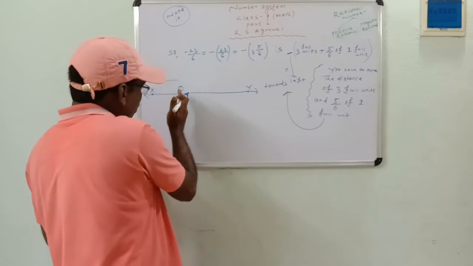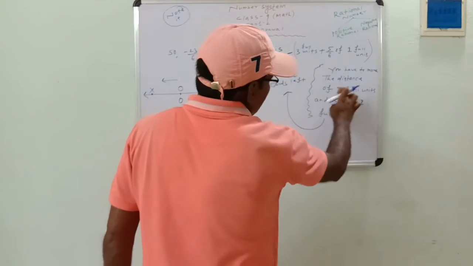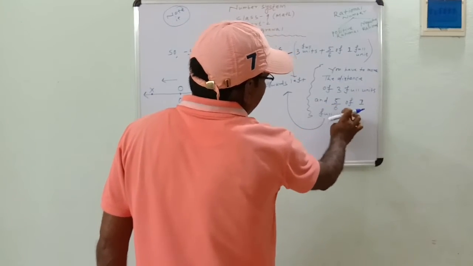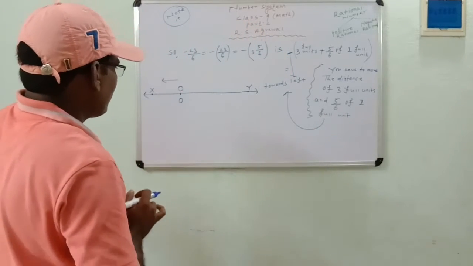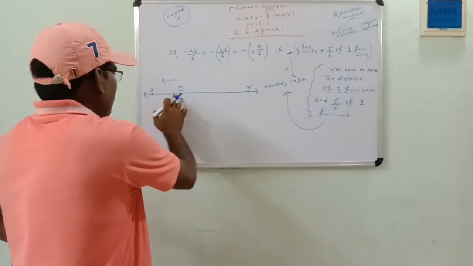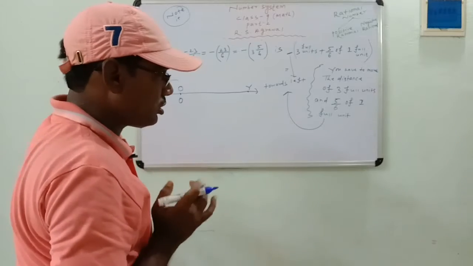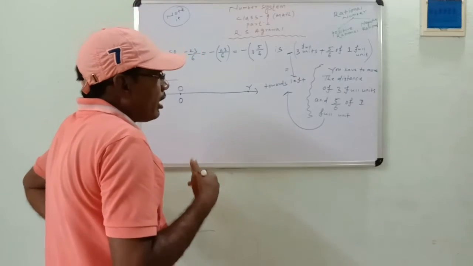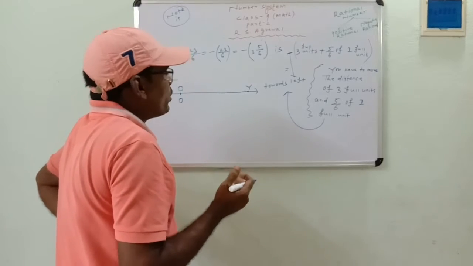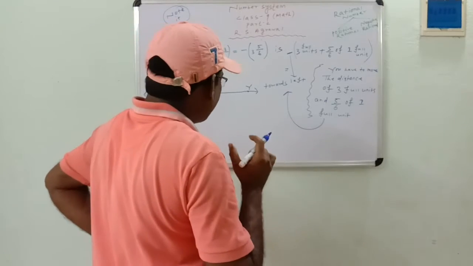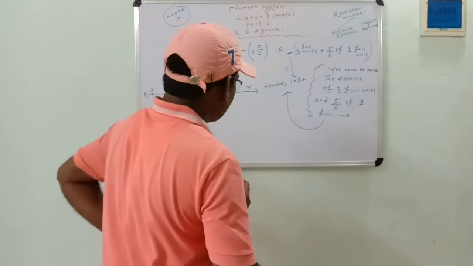You have to move from 0 in this direction, the distance of 3 full units and 5/6 of 1 full unit. It means from 0 you have to cover 3 full units first. Then from there you have to cover 5/6 part, only 5/6 part of 1 full unit.